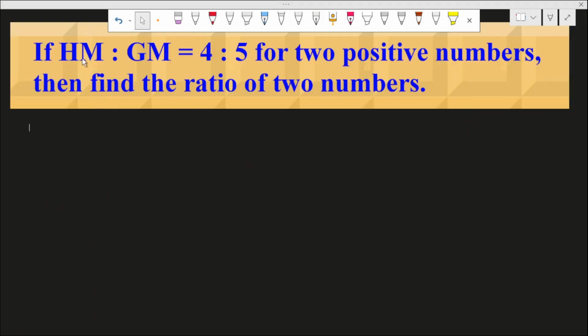Welcome. If HM is to GM is equal to 4 is to 5 for two positive numbers, then find the ratio of the two numbers.